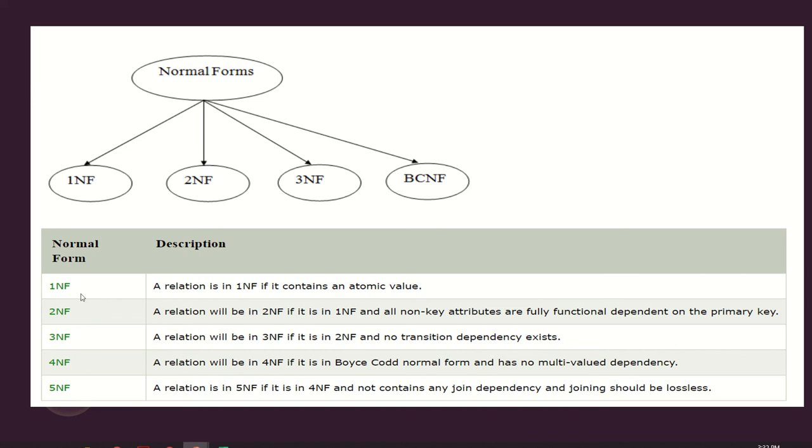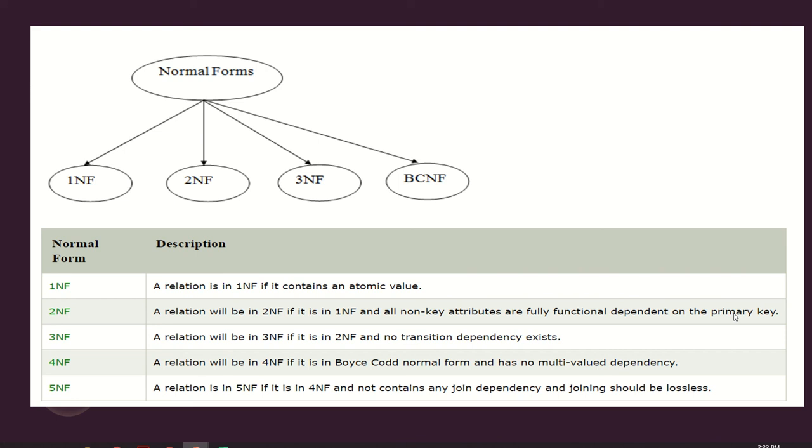We will study in detail how to make a table into all these normal forms. If you want to make a table into 1NF, then the table should contain atomic values. If you want to make a table into 2NF, it must be in 1NF, and all non-key attributes should be fully functionally dependent on the primary key.